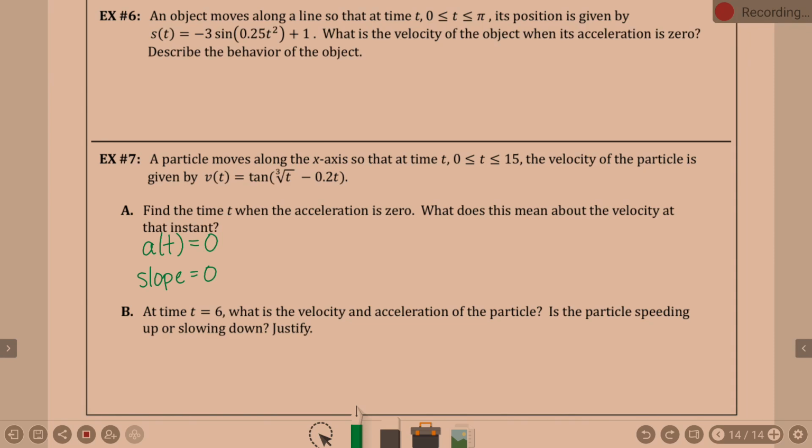I'm going to go into my window here because I just want to look at my x values from 0 to 15. Remember how to change your window? And then I'm going to graph it. And so what are we going to have there? It looks like there is a max, right?